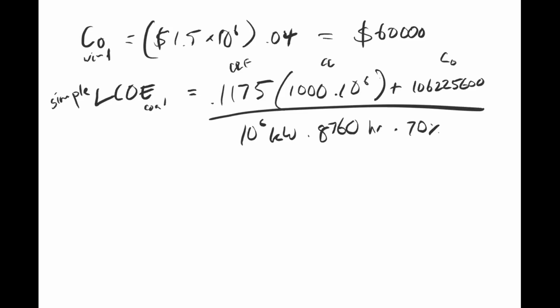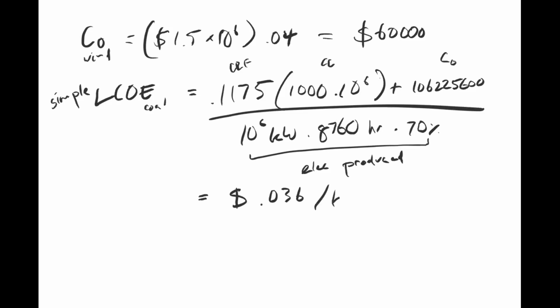So this portion here is electricity produced. And that total is equal to 0.036 dollars per kilowatt hour. So it costs about 3.6 cents per kilowatt hour to produce electricity from this coal plant.